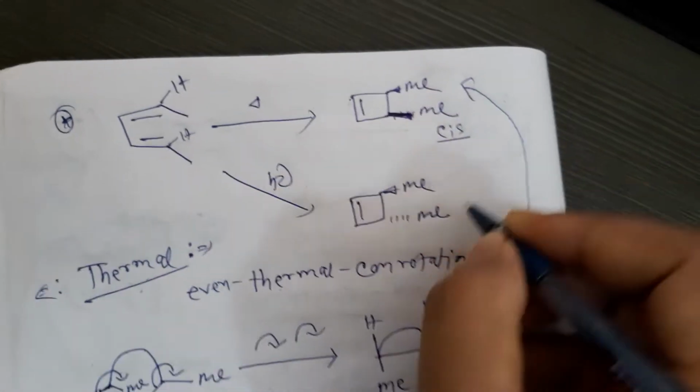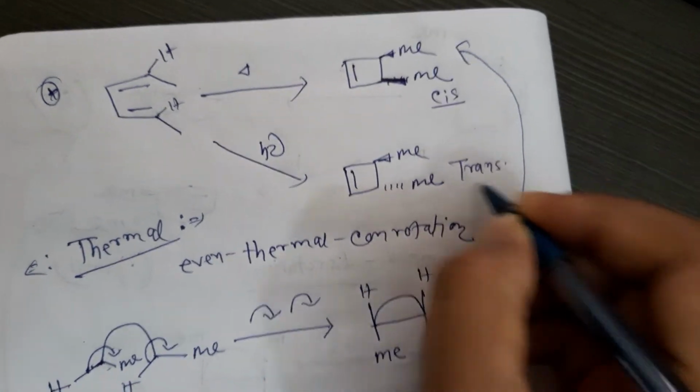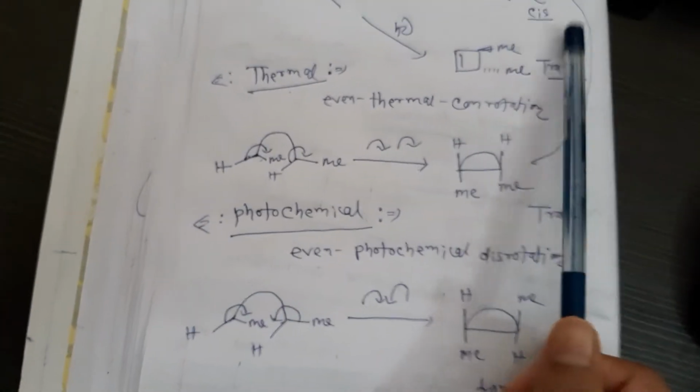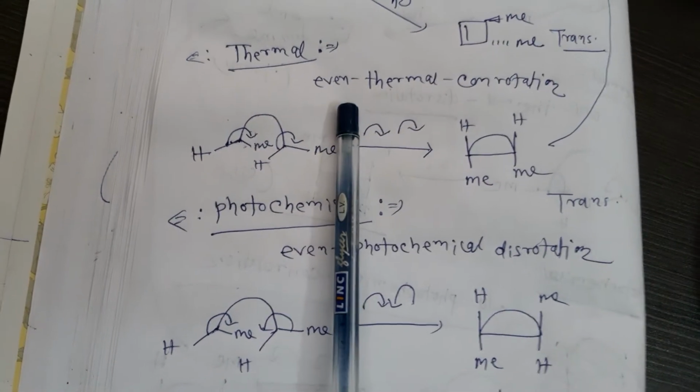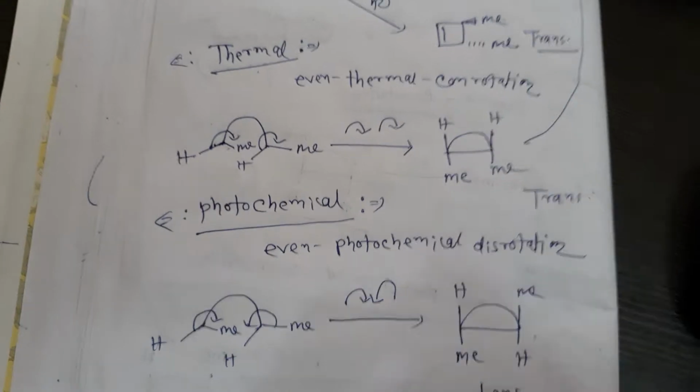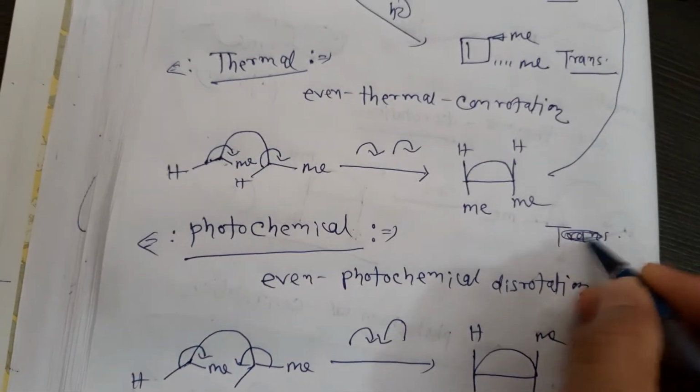This is the cis product and this is the trans product. So under photochemical condition, this gives the disrotatory mode of rotation to form the cis product, but in presence of thermal condition, in conrotatory mode it will give the trans product.